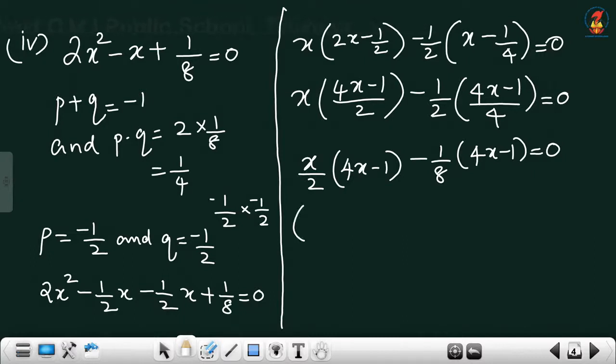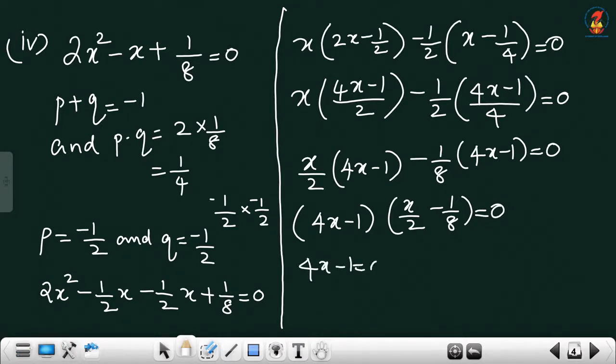So from these two we can take out 4x minus 1. 4x minus 1 into x by 2 minus 1 by 8 equal to 0. So 4x minus 1 equal to 0. So x is equal to 1 by 4. And here x by 2 is equal to 1 by 8 and x is equal to 1 by 4.